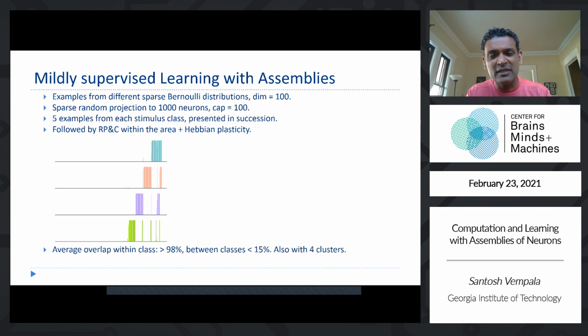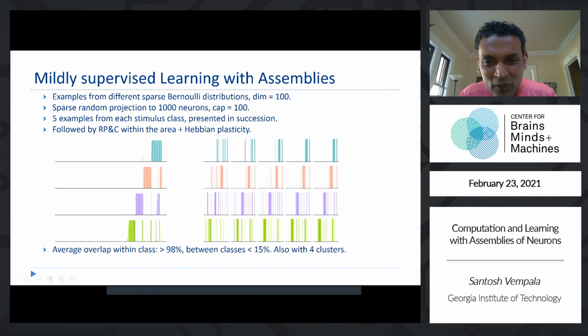Okay, so the overlap within a class becomes really high for the neurons that fire. So that's why it's an assembly, 98%. And between classes it's low, like 15%. I'm showing you this with 4 clusters. If you look a little bit more closely at what's happening in the 5 rounds, remember each example is shown only once, right? So the first time the example is shown, this is what's lighting up.